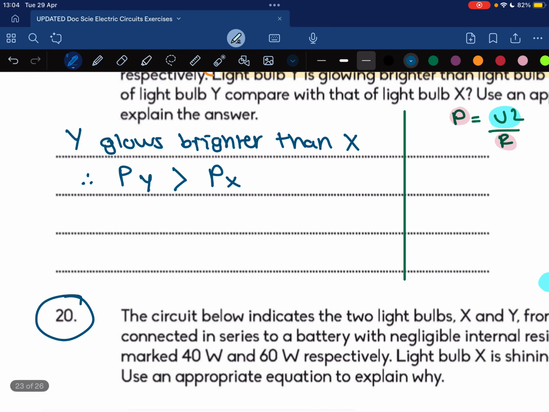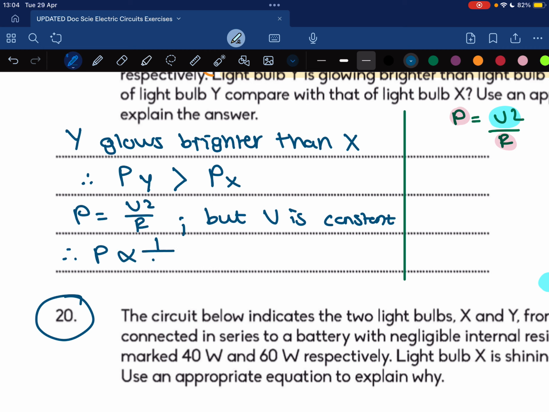So I'm going to use that equation. So I will say, well, P is equal to V squared over R, but the V is constant. So therefore, P is inversely proportional to R. So if P is inversely proportional to R, it means that more power would mean less resistance.